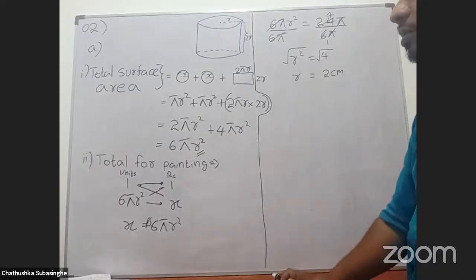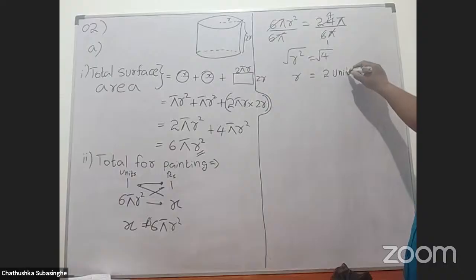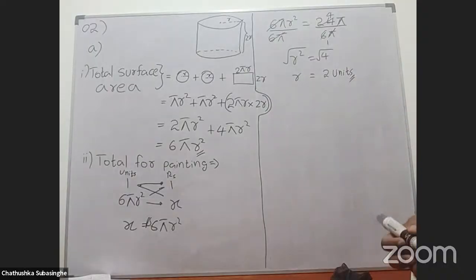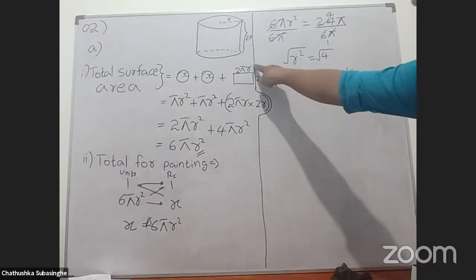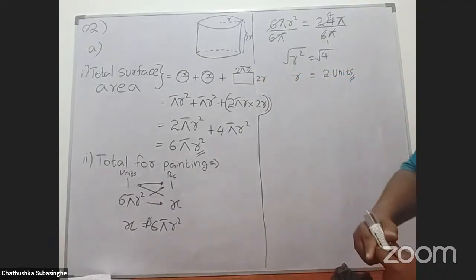Oh, sorry, not centimeters, 2 units, we don't know what. They are asking us to find the radius. Radius is 2 units. That's the end of the first part.